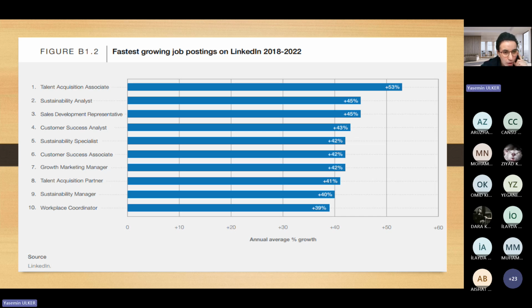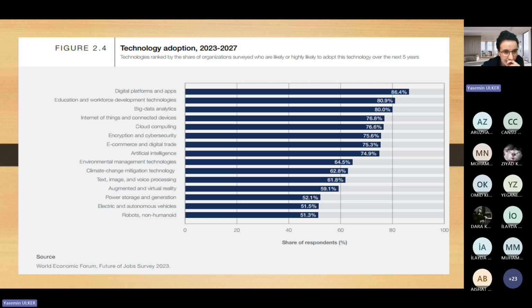Okay, but I want to show you this one. Technology adoption: digital platforms and apps, education and workforce development technologies, big data, Internet of Things, cloud computing, e-commerce. You can check more related to your own area here.